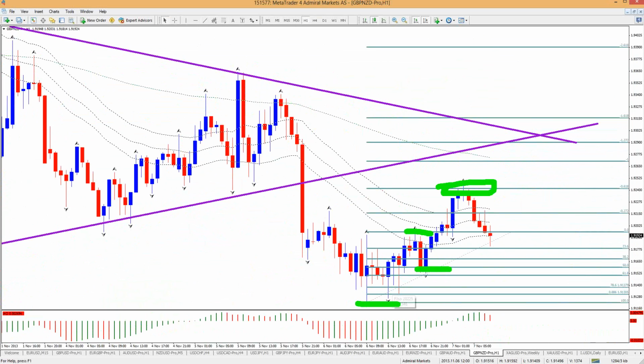Right to minus 618. Now, it doesn't always stop exactly at the point, especially if you look at currencies like pound yen or even euro yen. They tend to sometimes push to those targets in some cases. Even if they respect those levels, you'll have more punch through. You have a higher probability of a punch through those levels on those currency pairs.